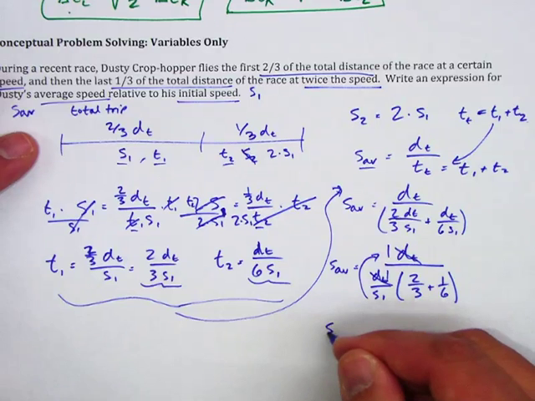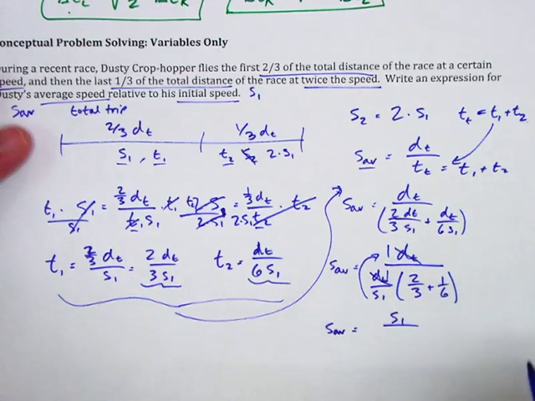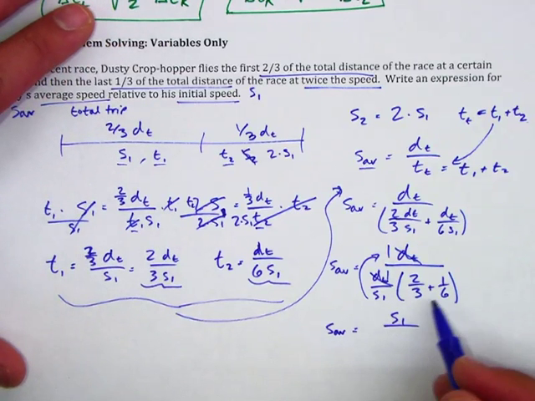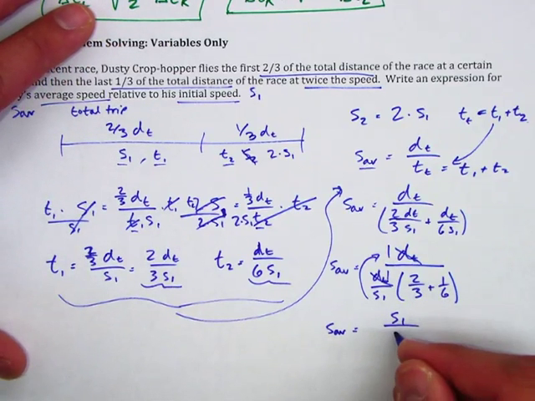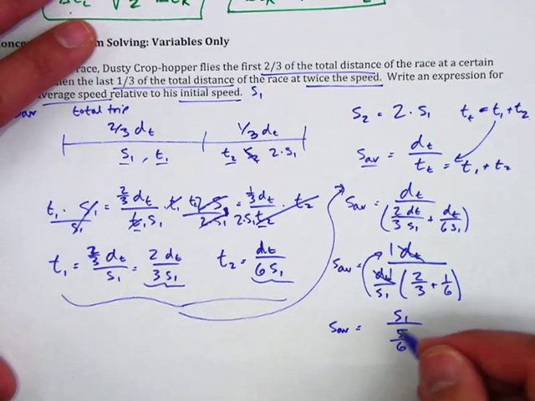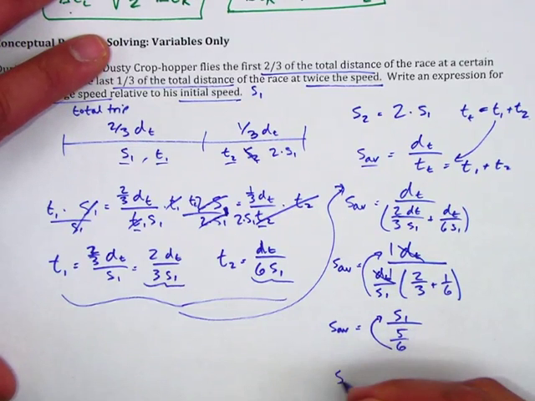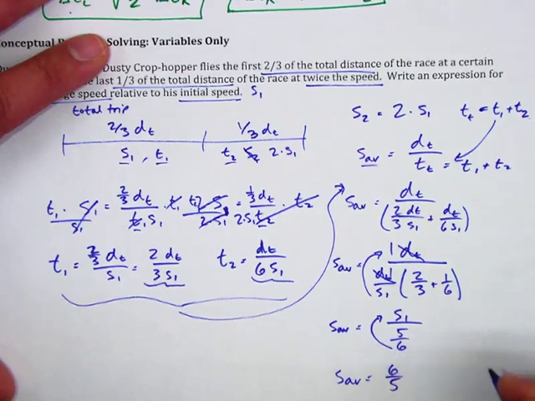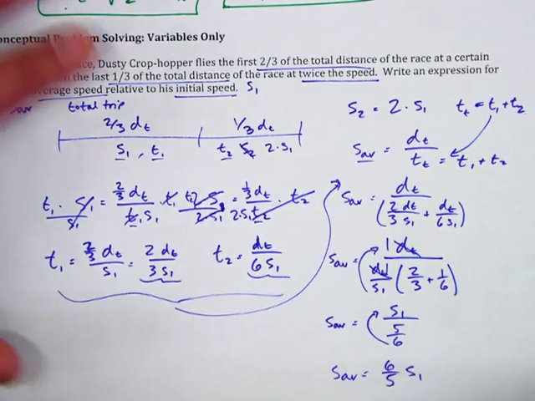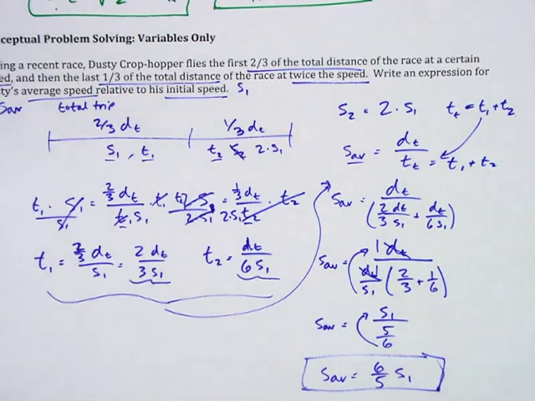So if I rewrite this, I have s1 over 2/3 plus 1/6, which is 5/6. And since 5 over 6 is on the denominator, the 6 goes to the top. So I get a final expression: speed average is 6/5 the initial speed.